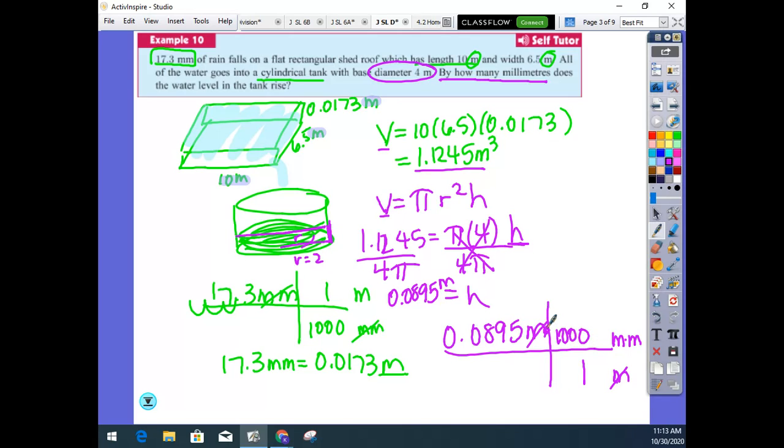So when I multiply my numbers together, I'm just going to move my decimal 1, 2, 3 times. So this many meters equals 89.5 millimeters. Final answer.